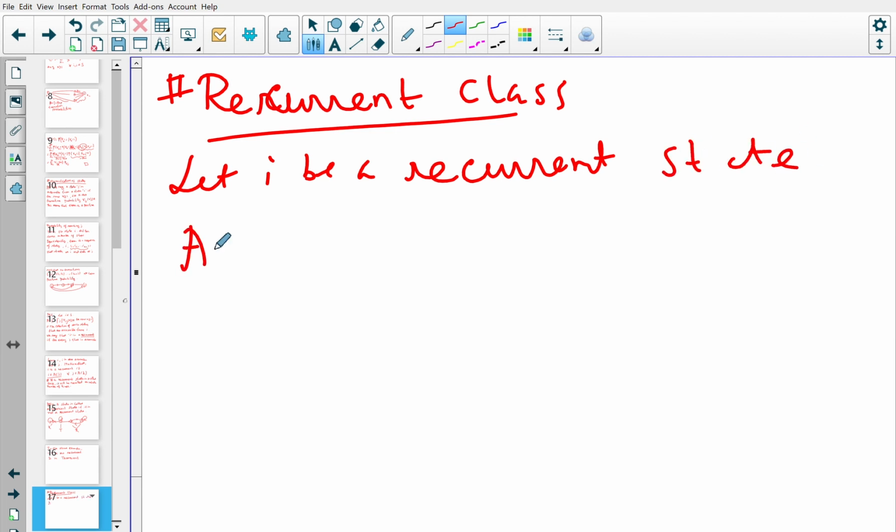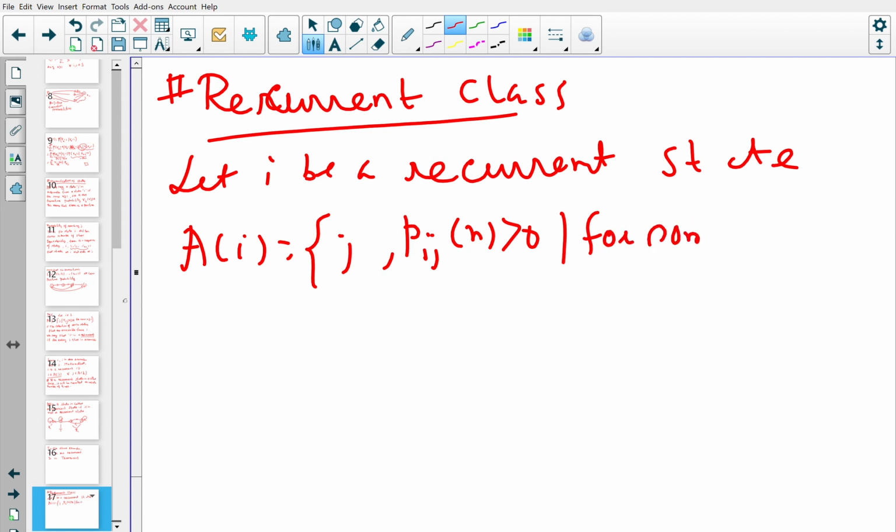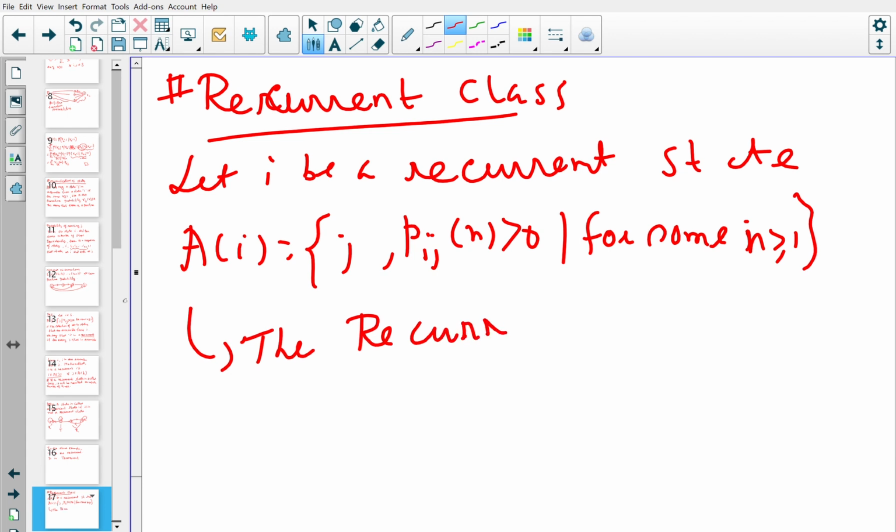Then A_i is the set of all j such that p_ij^(n) is greater than 0 for some n greater than or equal to 1. This is called the recurrent class of i, or simply sometimes the class of i.